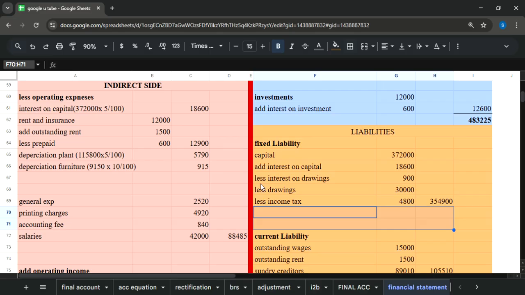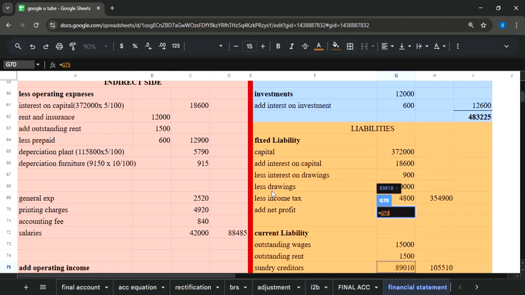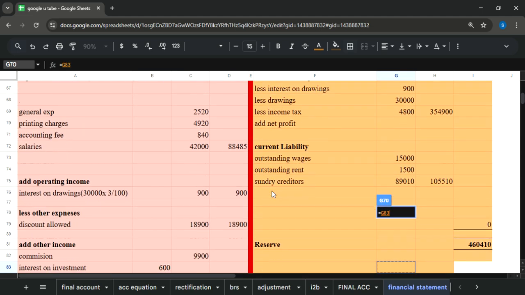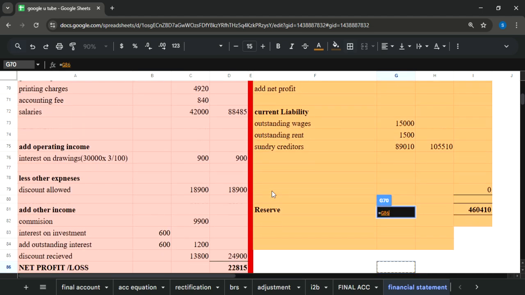Okay, here please understand what we are doing. We have to add net profit, which single step was left. So how much net profit we have calculated? For that we will go to indirect side and we have calculated net profit as 22815. Just post it.